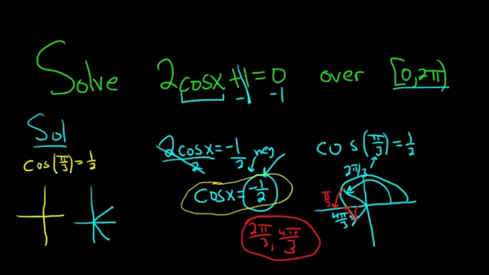Because cosine is the x-coordinate on the unit circle, the angle has to be here and has to be here. Now, the familiar angles that are multiples of pi over 3 that reside in these quadrants are 2 pi over 3 and 4 pi over 3. And so those are the answers. I hope that makes sense.